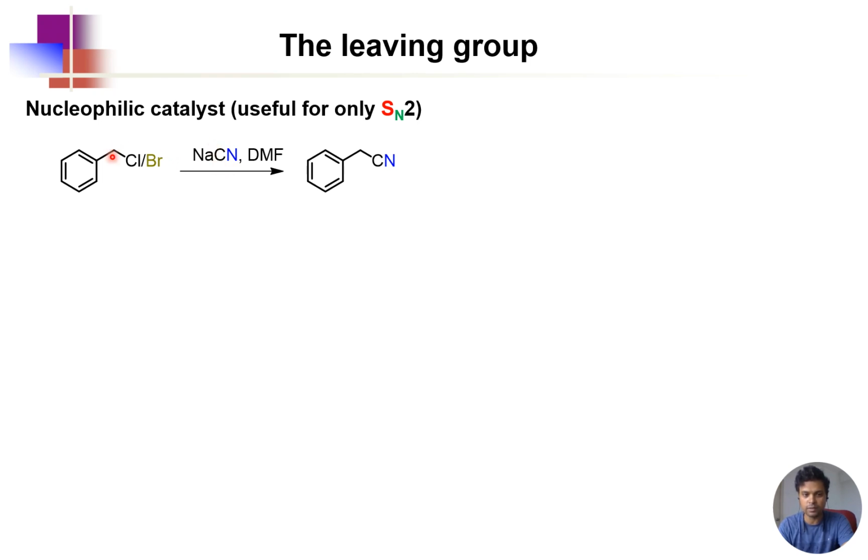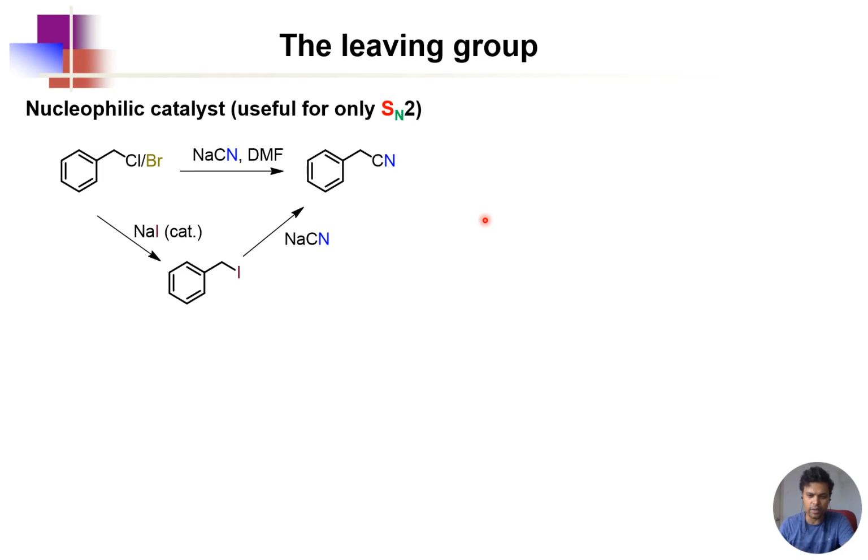Because the chloride or bromide is a bad leaving group, we use a catalytic amount of sodium iodide. Sodium iodide, being a very good nucleophile, first replaces the chloride or bromide, and then it becomes a very good leaving group. Then the cyanide can attack, and the iodide can again come out of the molecule.